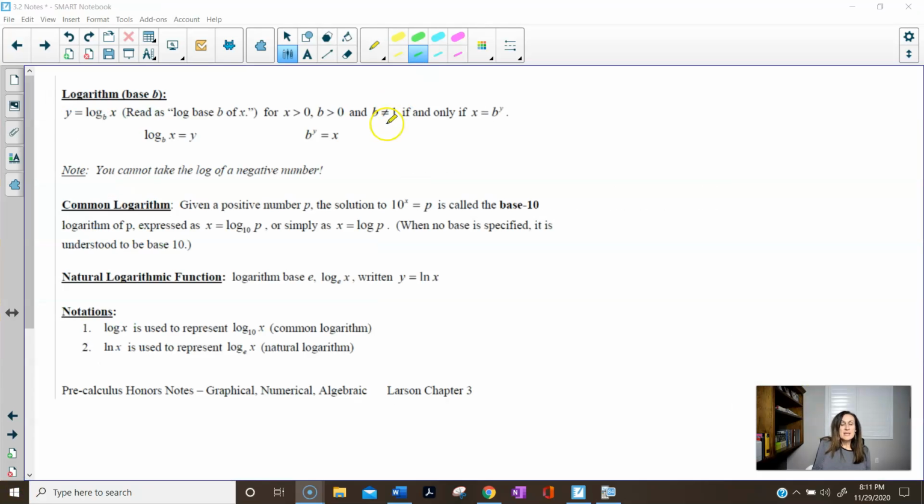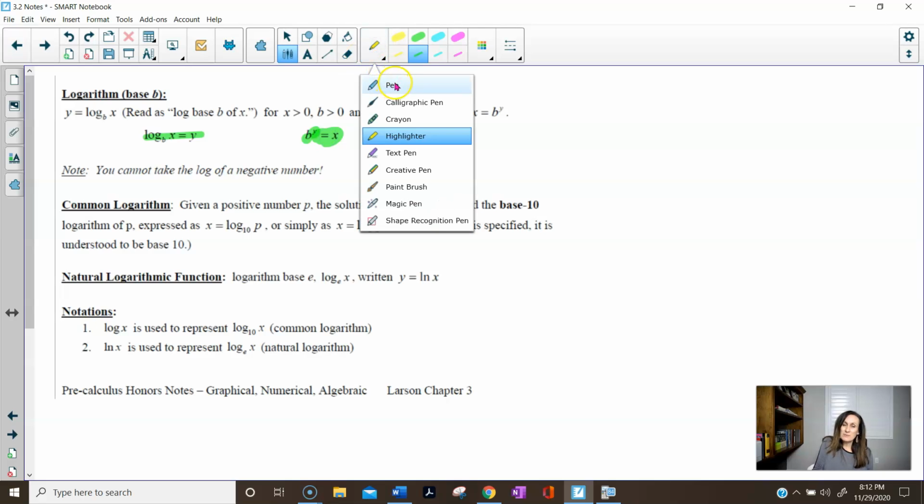Here we have y equals log base b of x, which is how you read it. So log base b of x equals y. If I want to rewrite this as an exponential, this little dropped b is the base. The y I'm going to refer to as the exponent, because a logarithm always equals the exponent, and x I will refer to as your answer.